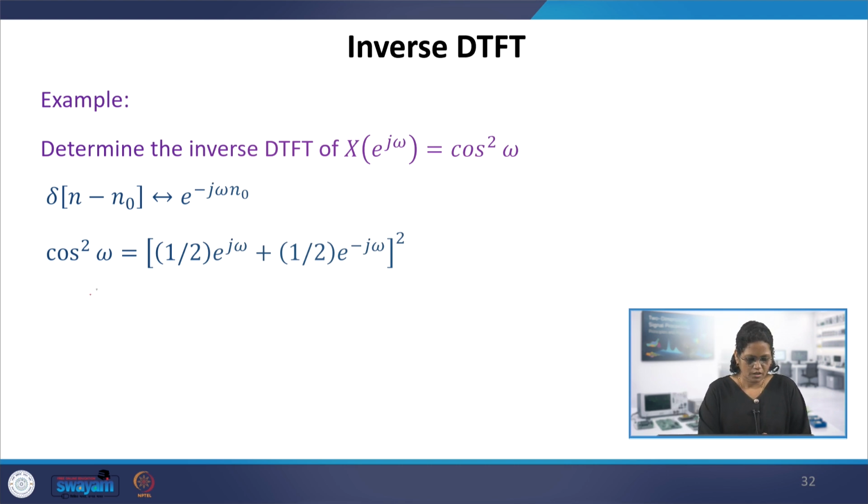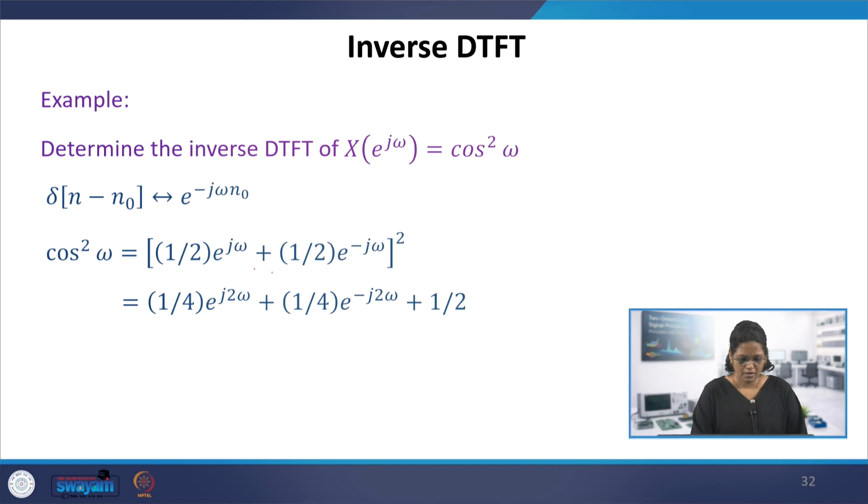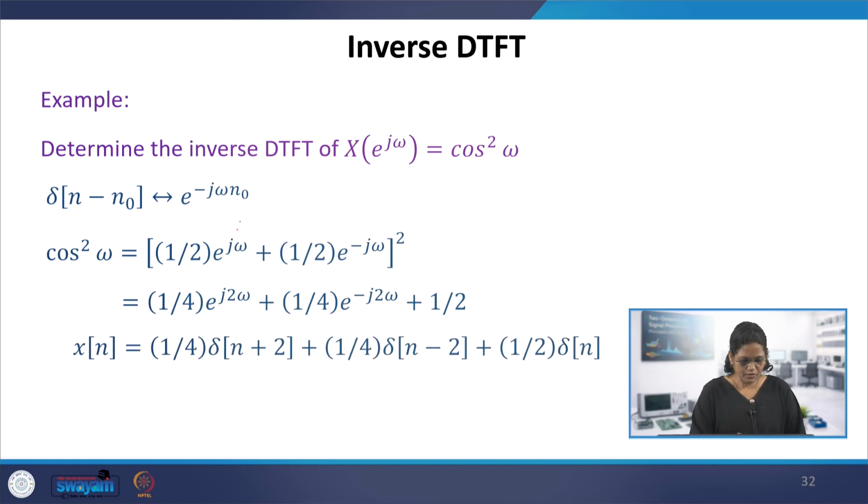Cos square omega can be written as the sum of these two impulses, squared, because it's cos square omega. You simplify it, and we get three terms over here. Applying the inverse DTFT using the property, we get 1 by 4 delta of n plus 2, 1 by 4 delta of n minus 2, and then you have delta of n.